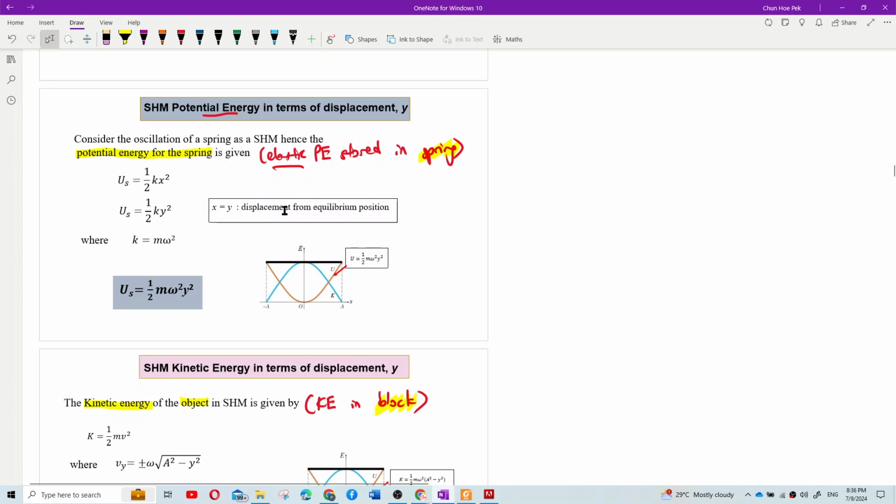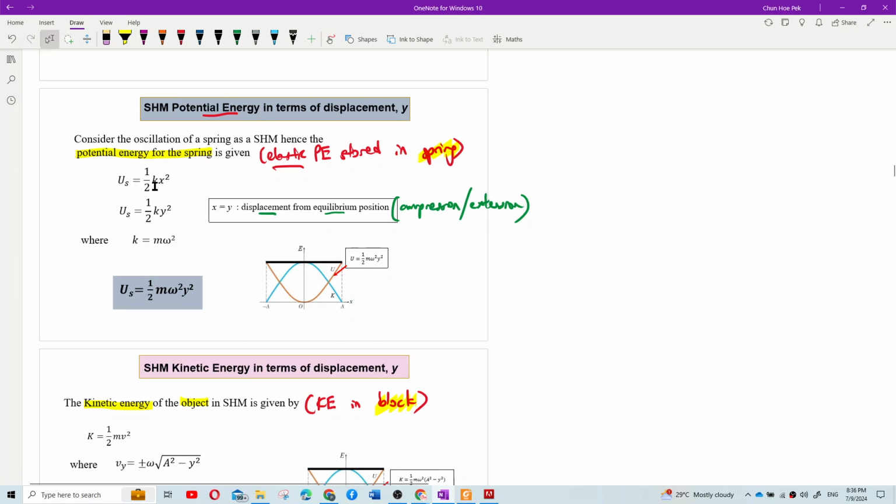In fact, this displacement is either compression or extension, isn't it? The displacement from equilibrium actually is the compression or extension. So yeah, we use y.